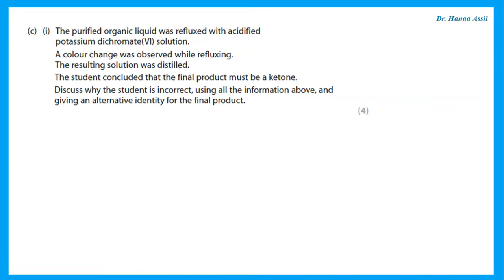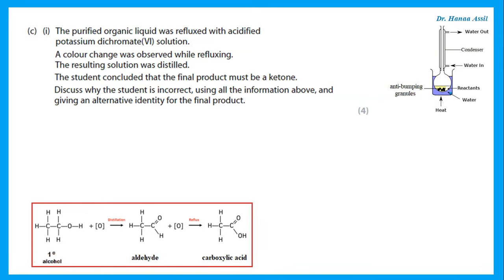So we're saying that this liquid was refluxed with potassium dichromate, and that means it was heated under reflux in an apparatus that looks like this. And we're told that while it was being heated with potassium dichromate, the color changed. That means that the original liquid that we were trying to purify was something that can be oxidized by potassium dichromate. Now, the student said the final product must be a ketone. Well, what do we know?